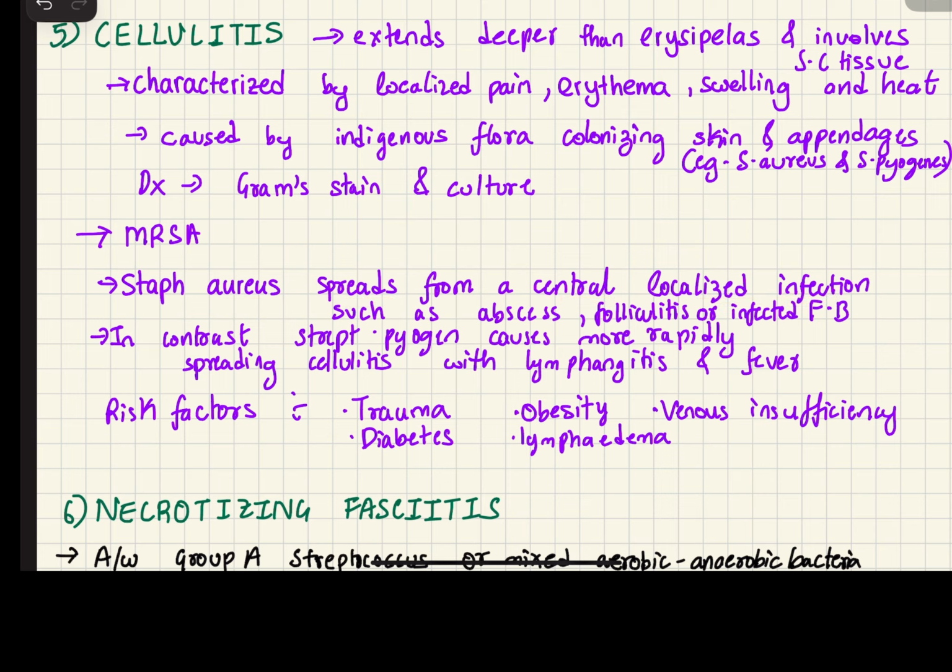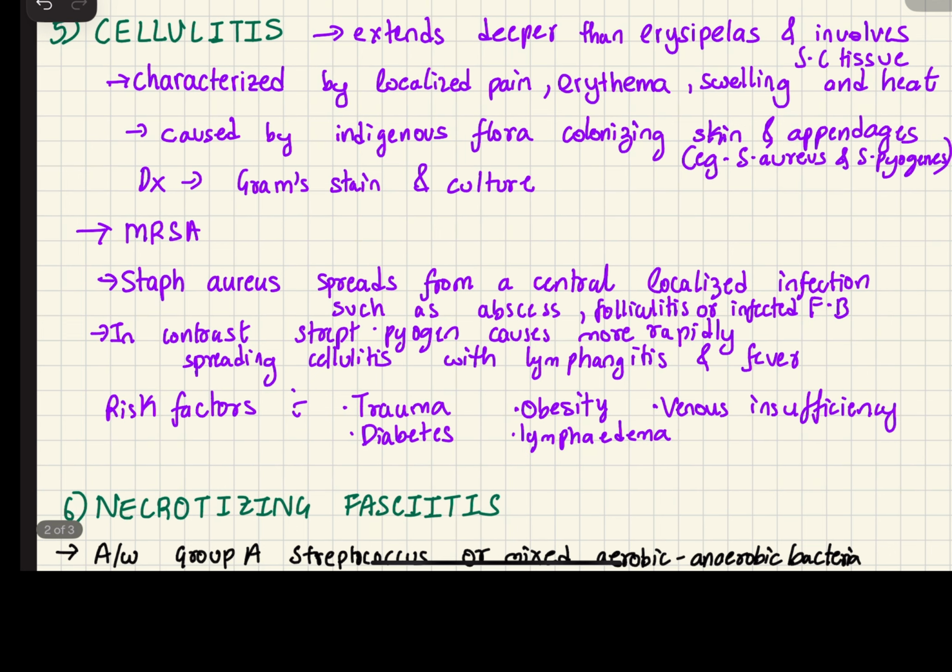In contrast, Streptococcus pyogenes causes more rapidly spreading cellulitis with lymphangitis and fever. Risk factors are trauma, obesity, venous insufficiency, diabetes, lymphedema. And methicillin-resistant Staphylococcus aureus is rising nowadays. Diagnosis is gram stain and culture. Treatment I am going to discuss at the end of the video.